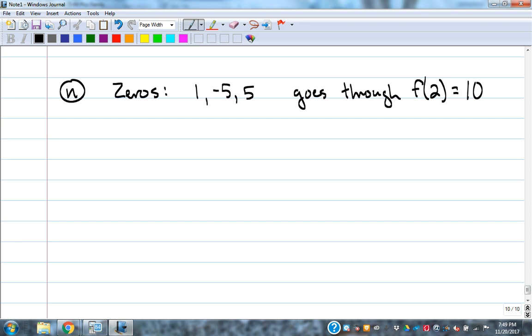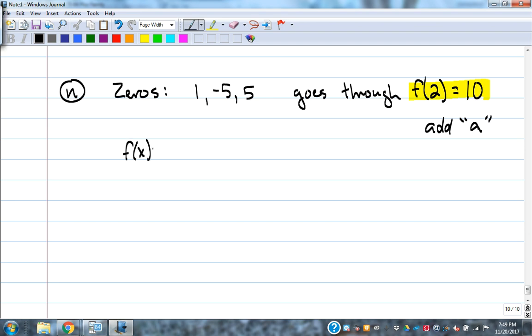Okay. Here's how you start it. What this is going to do, this part right here, the f of 2, all that's going to do is add an a to the problem. So that means you're going to have a leading coefficient other than 1 at the end. Okay. Here's how you work it, though.